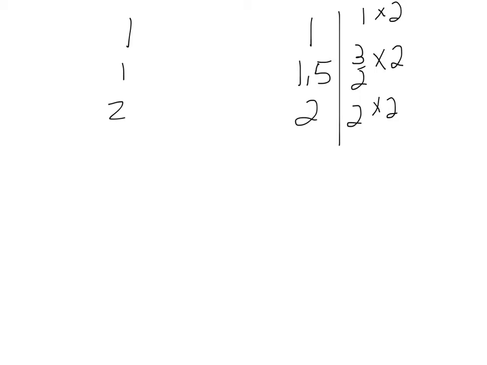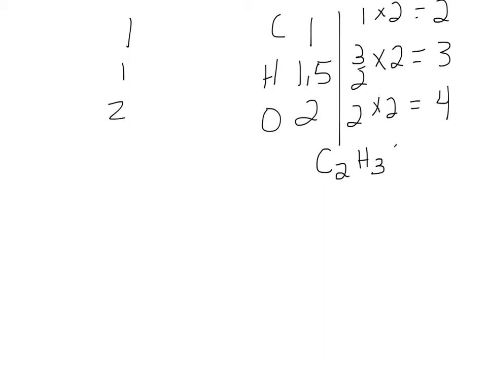And for example, we have CHO, if those were our elements. If we multiply 1 by 2, we have to multiply them all by 2. This gives us 2, this would give us 3, and this would give us 4. So then our ratio would be C2H3O4, just as an example.